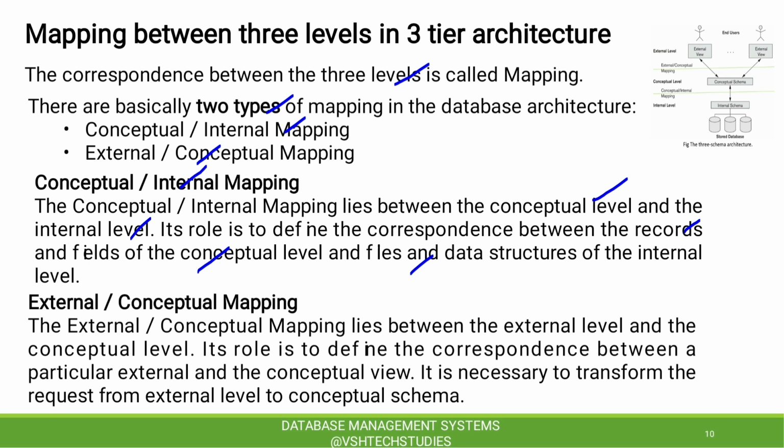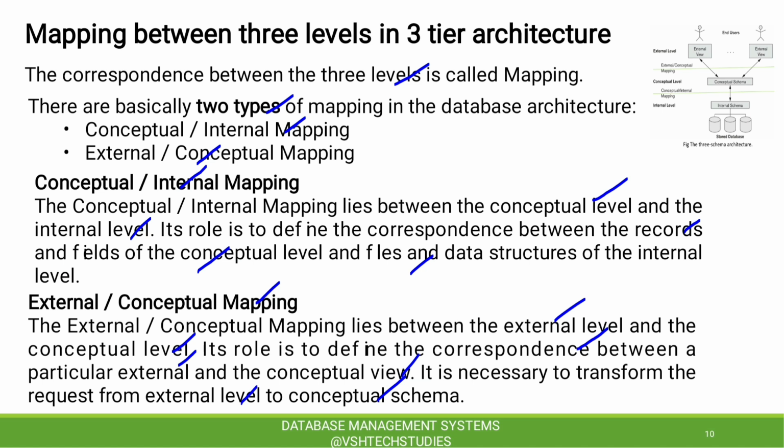Next, external to conceptual mapping lies between the external level and conceptual level. Its role is to define the correspondence between a particular external and the conceptual view. It is necessary to transform the request from the external level to the conceptual schema.